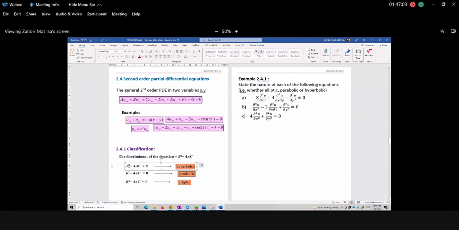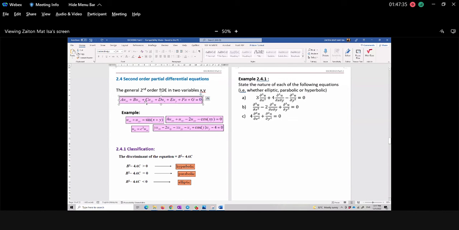But you need to make sure you determine or write down the A, B, C correctly lah. B is the coefficient for u_xy. A is the coefficient for u_xx. C is the coefficient for u_yy. So aim for this one. Yang the first three ni, A, B, C.